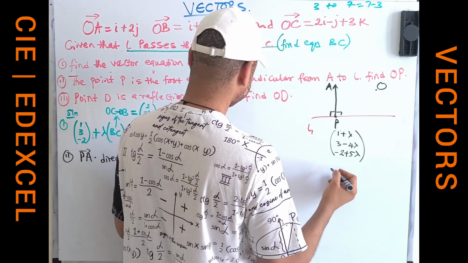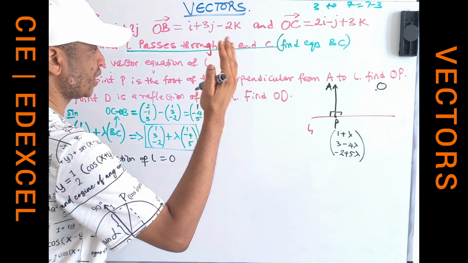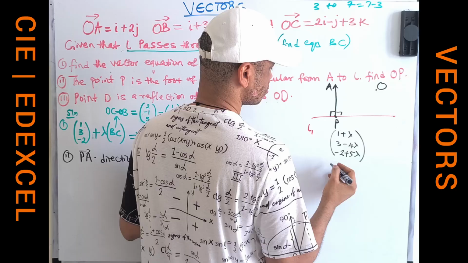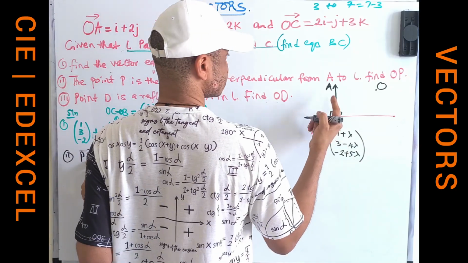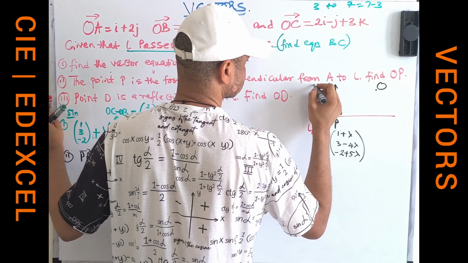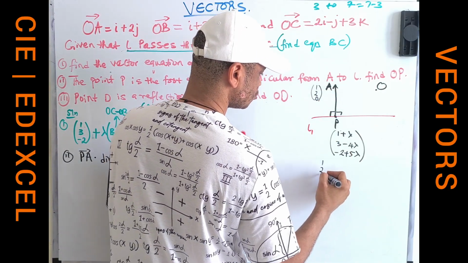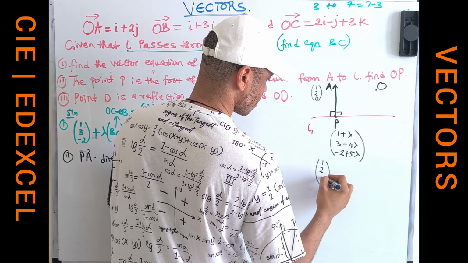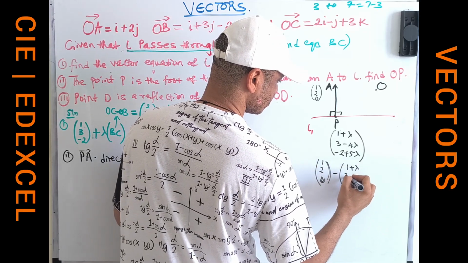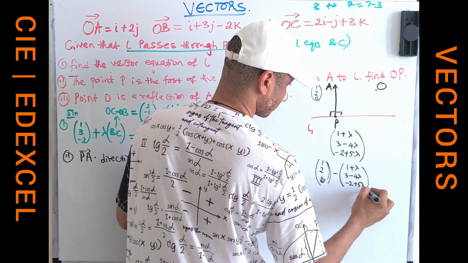You can do AP or PA, doesn't matter. So PA is A minus P, or you can do AP. They are the same, doesn't matter which one you do. So let's do any one. So PA is A, so what's A? A is 1, 2, 0. So 1, 2, 0 minus 1 plus lambda, 3 minus 4 lambda, minus 2 plus 5 lambda.